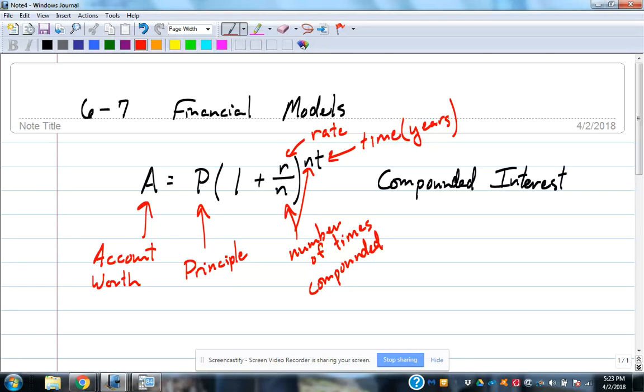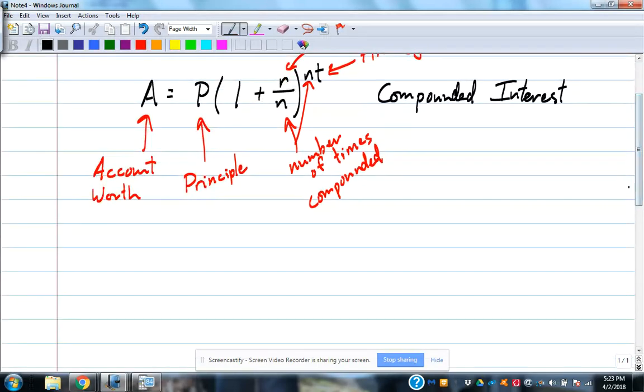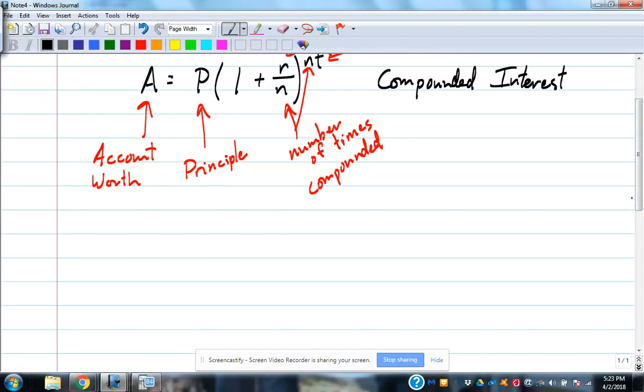Okay, so N is going to change according to the word problem that they give you. They're going to tell you how many times the interest is going to compound. So as that number changes, it can change how much interest you gain. Usually, unless it's a large amount of money, it's not by much that it changes it, but it does change it some. Well, it's slowly, but it's still exponential, depending on the interest rates.